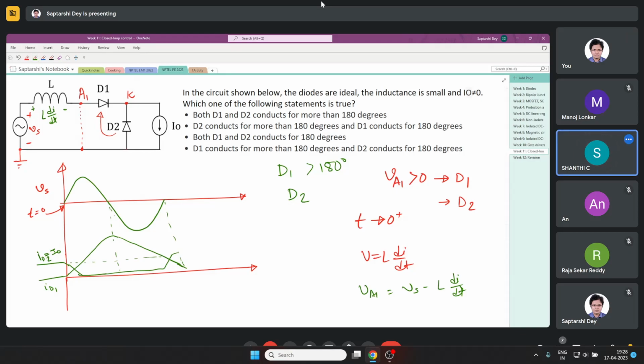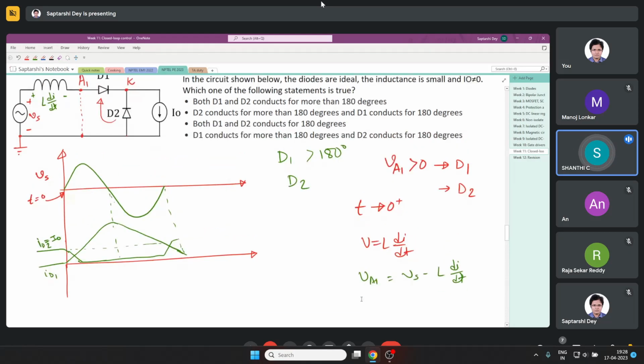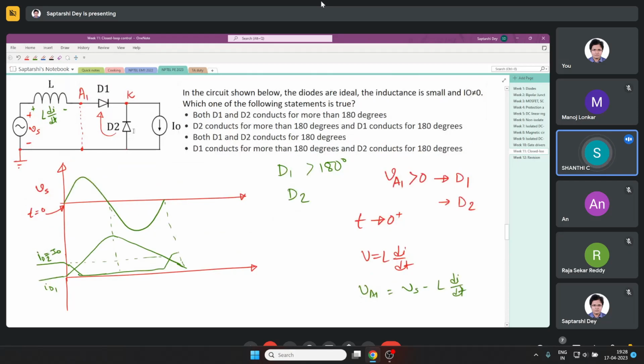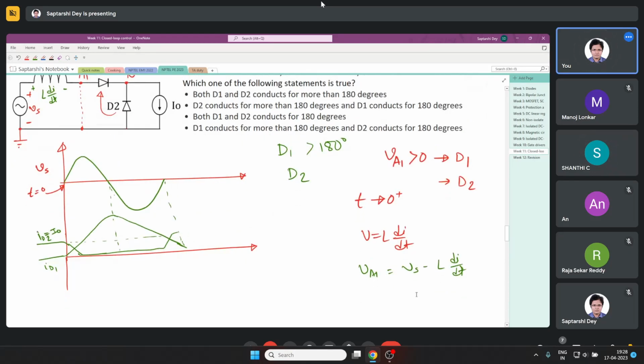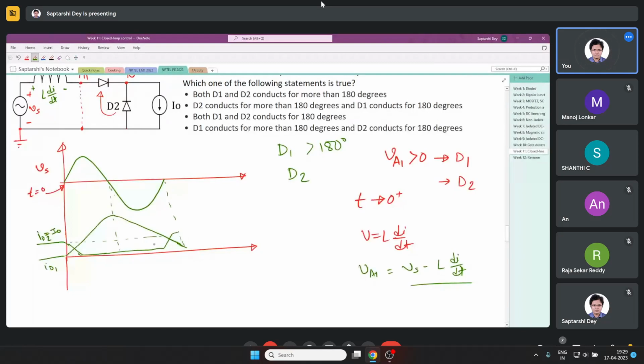D2 passes through the current source, flowing through D2 along this current path. Okay, I think I got this. See, I can write V on this as Vs minus L di dt. Now say I call this theta equals pi.